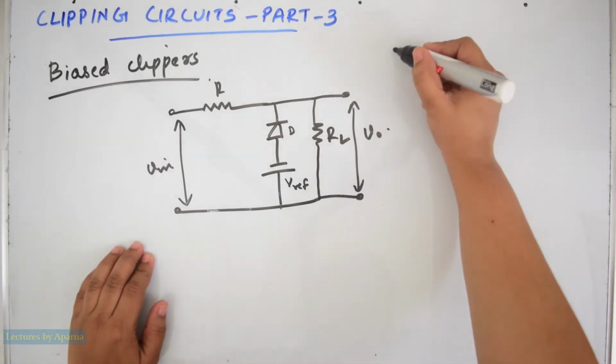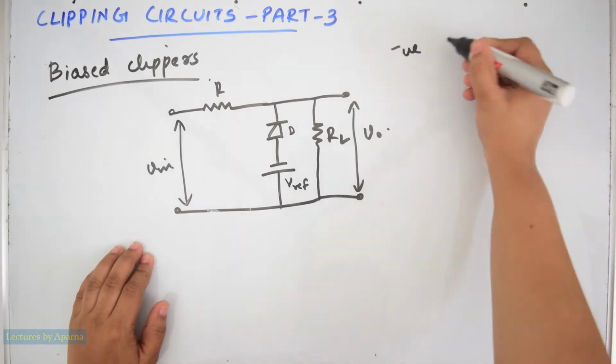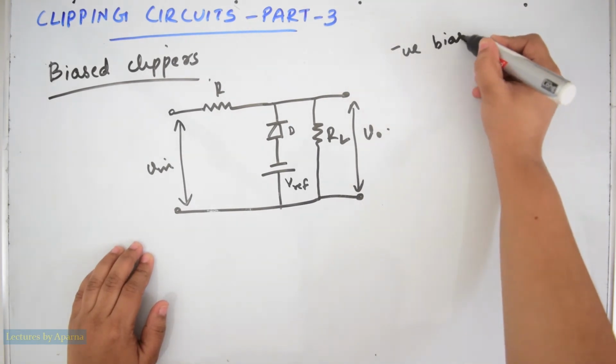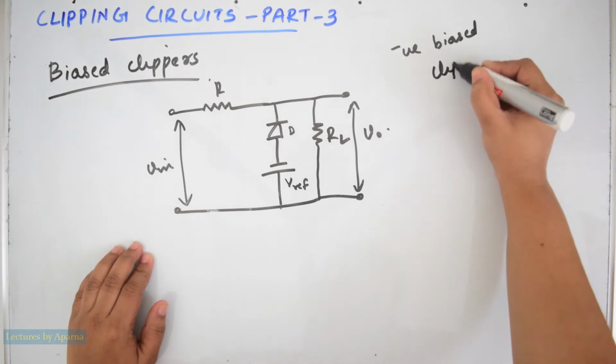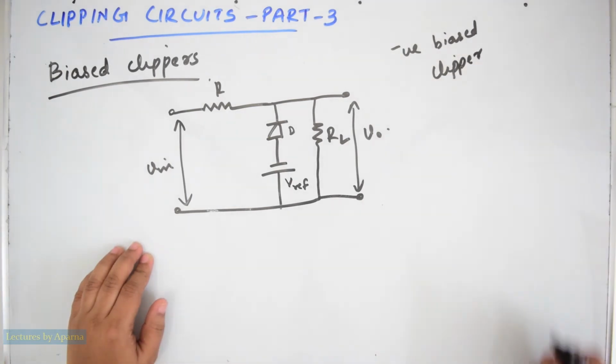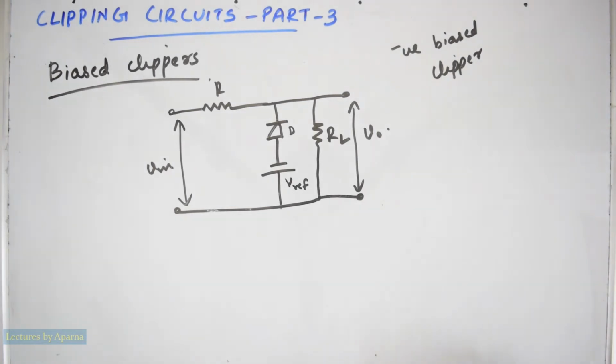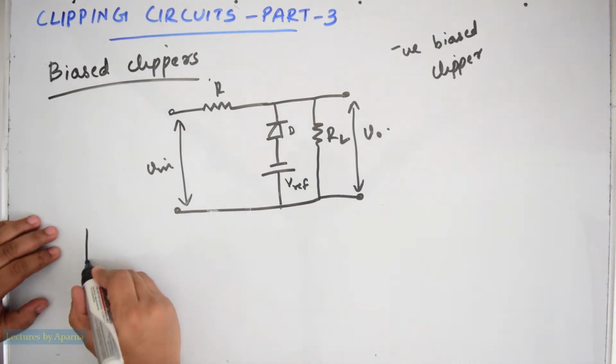So this is a negative biased clipper. Let's see the input waveform.